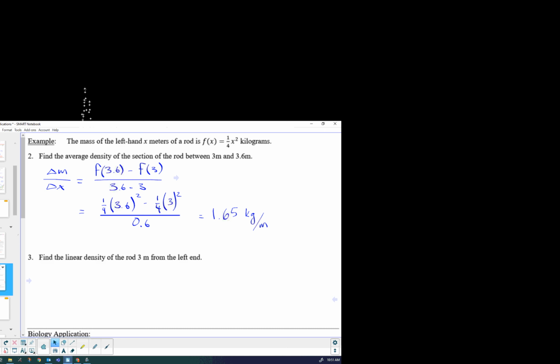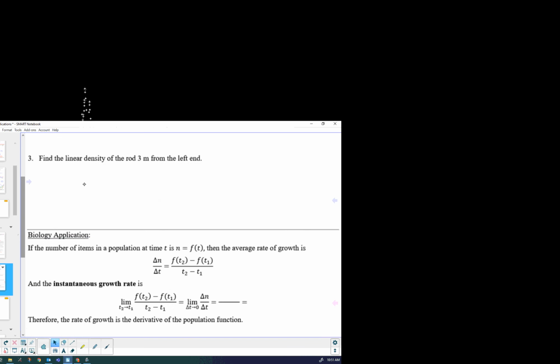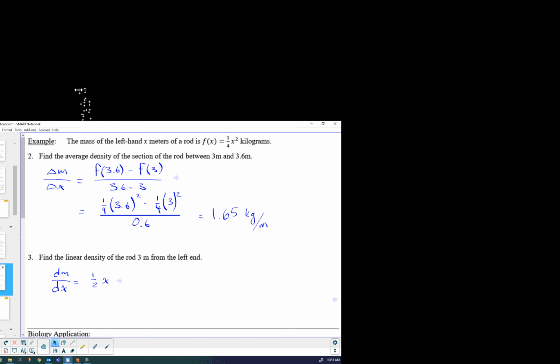Okay, questions with number 2? Nope. Number 3, we want the linear density, which is the derivative of our function, and then plug in the value. So the derivative is just 1/2 times x. So I brought the 2 down from the, we had again, 1/4 x squared.